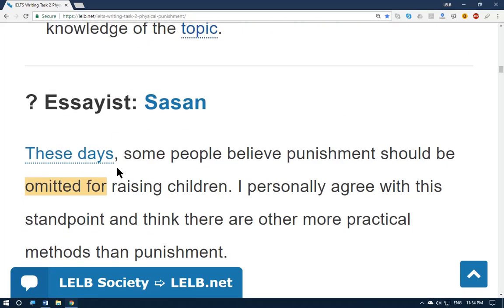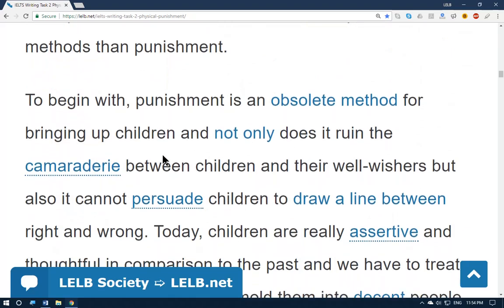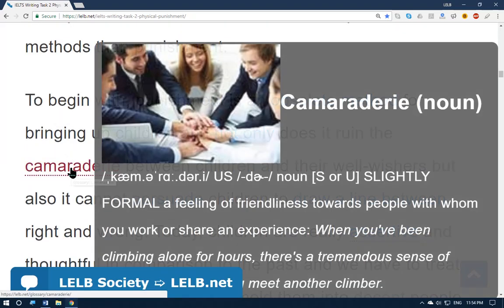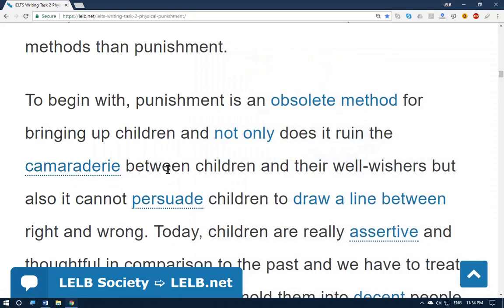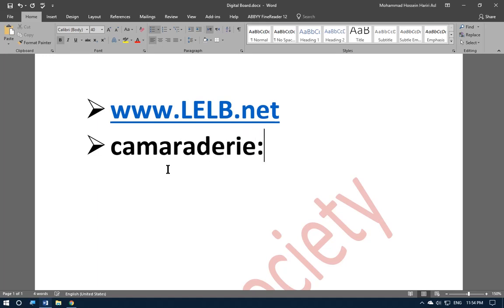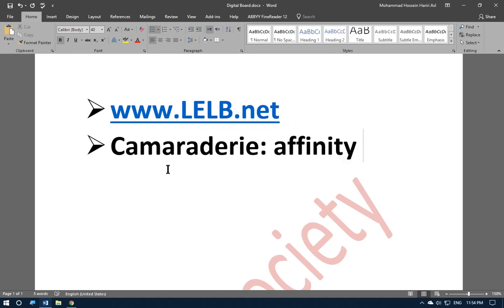And camaraderie. Camaraderie means affinity, closeness. I can use my digital board. Camaraderie, affinity, and close relationship.